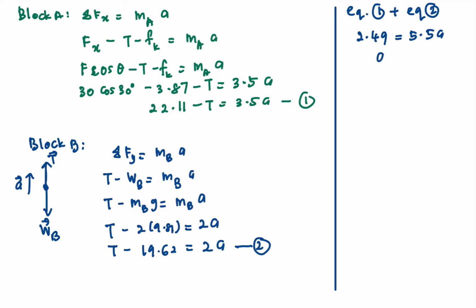Okay, so a will be 0.45 meters per second squared. Okay, this is for part A.